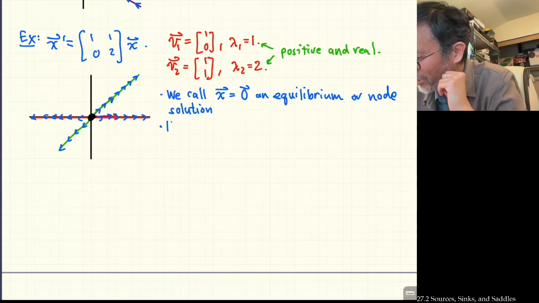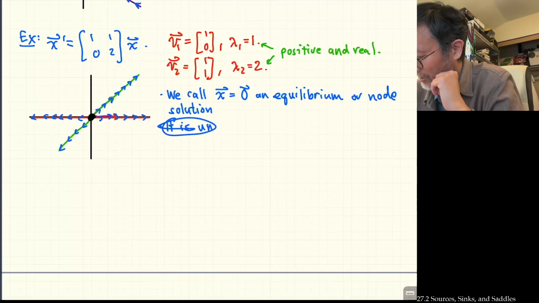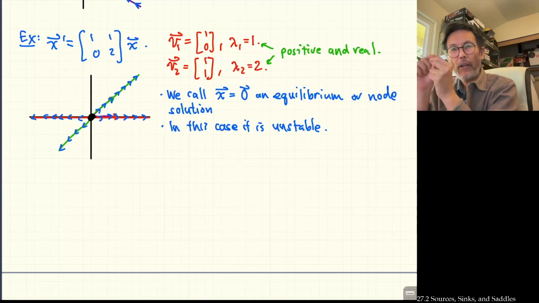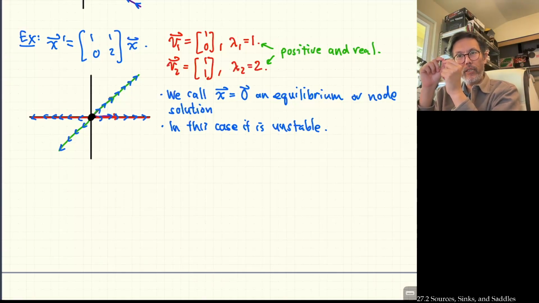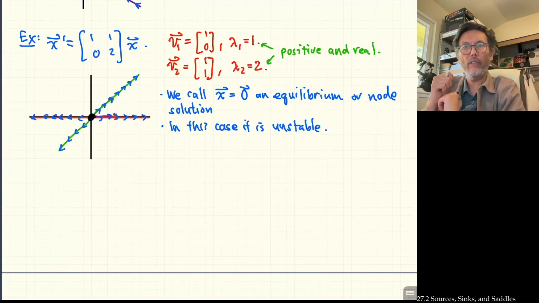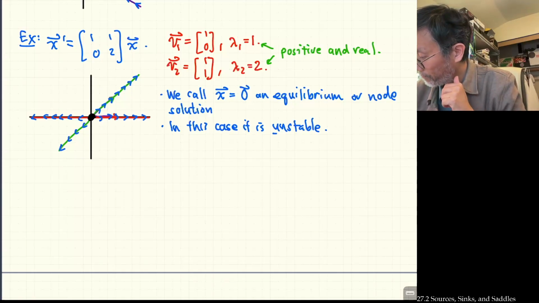It is an unstable equilibrium, however. In this case, it is unstable, because if I perturb a little bit away from 0, then I go further and further away from 0 with time. Okay.